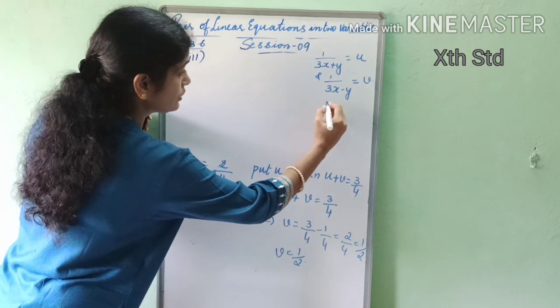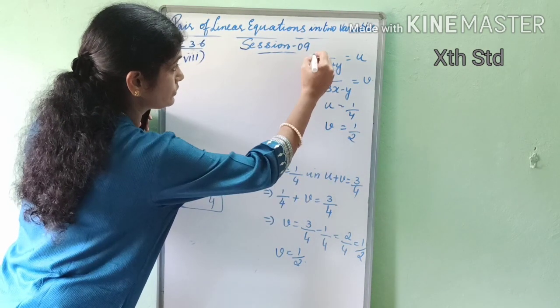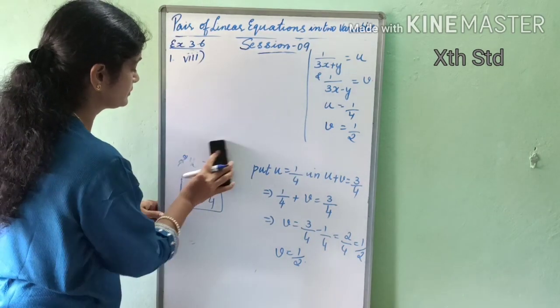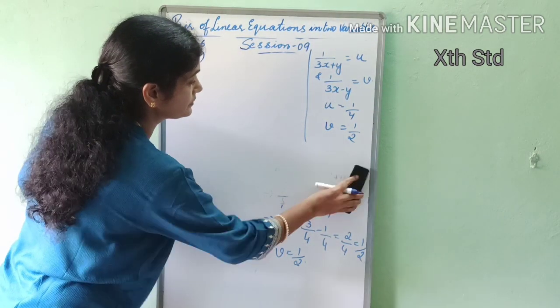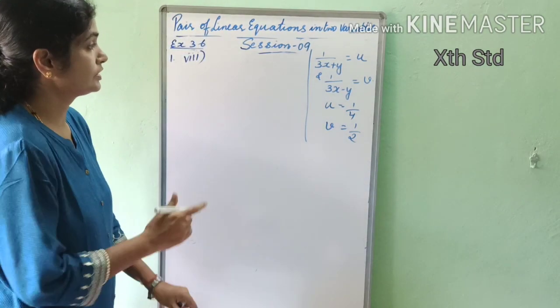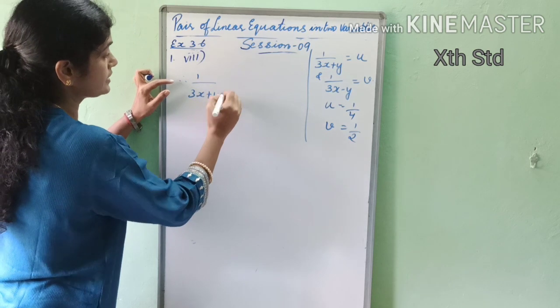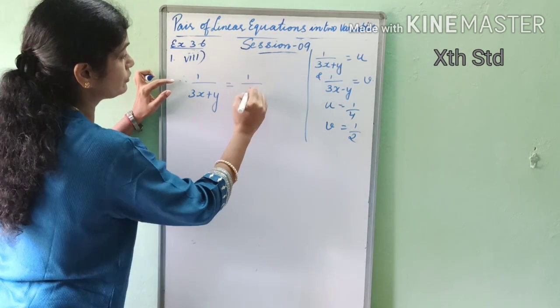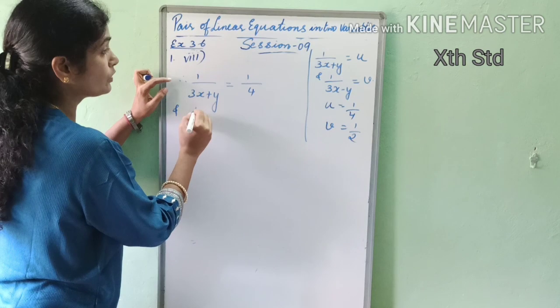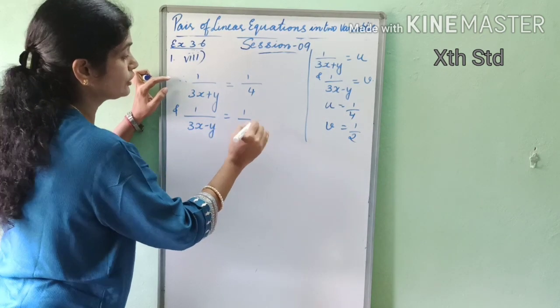You have got u as 1 by 4 and v as 1 by 2, right? Therefore 1 by (3x plus y) is equal to 1 by 4 and 1 by (3x minus y) is equal to 1 by 2, right?